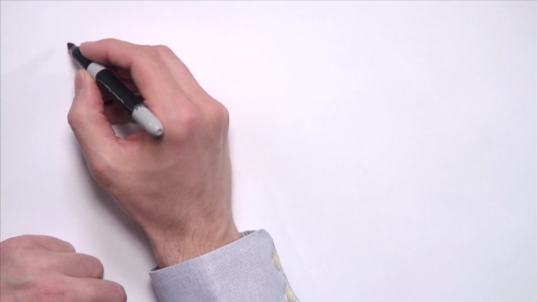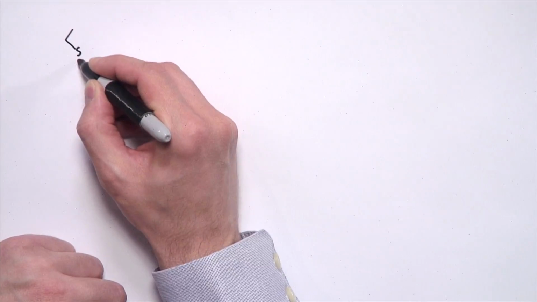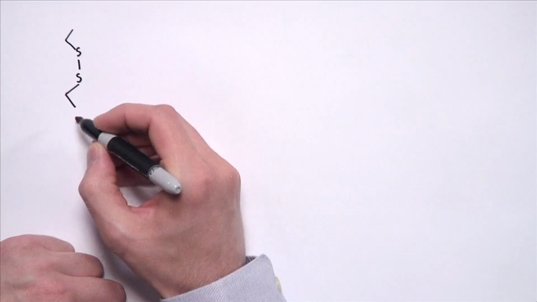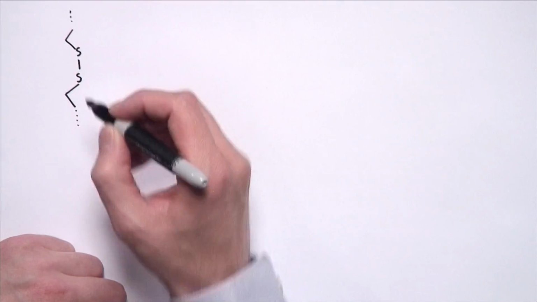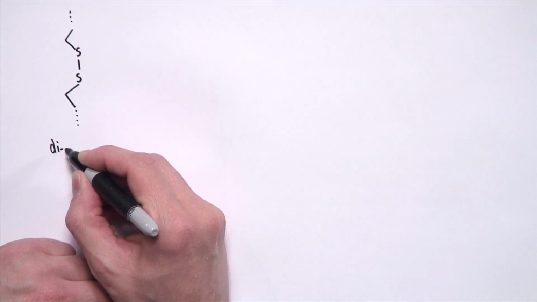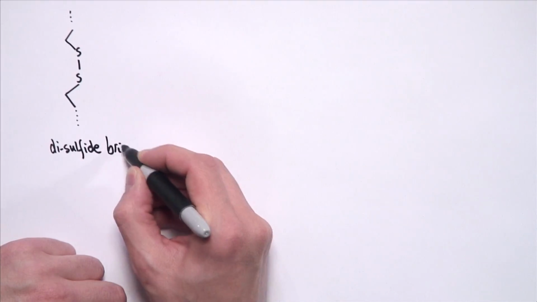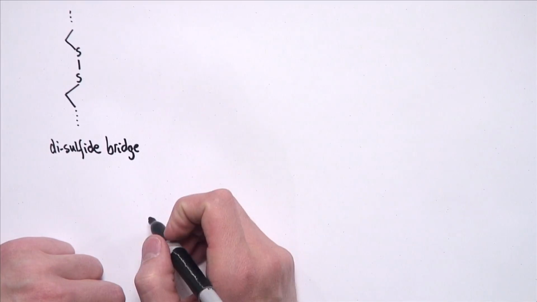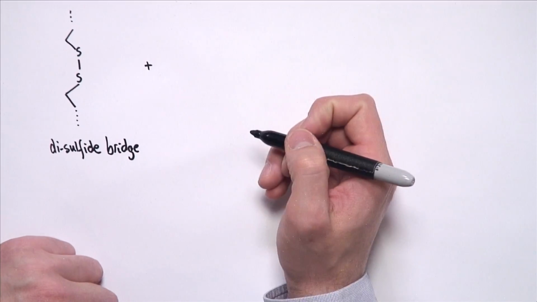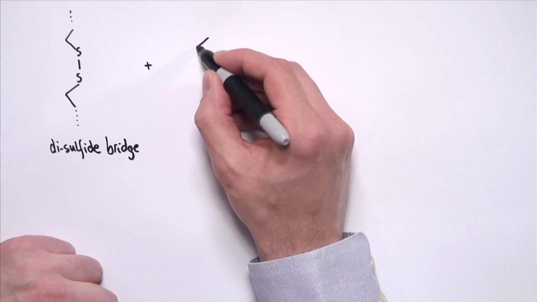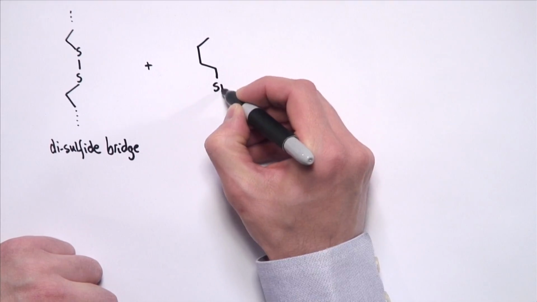Now, let's take a look at the DTT chemistry. Here we have a disulfide bond, or bridge, in a protein, and we're going to treat this with DTT, which looks like this.